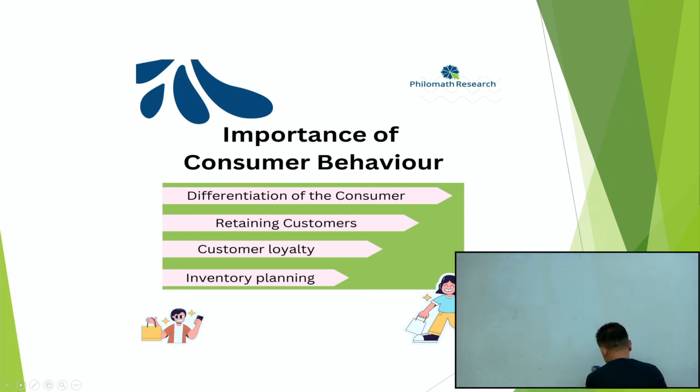Let me explain a little about inventory. Inventory is a very important key function of the business, especially relating producer and consumer. Inventory means I want to sell my product or services from my factory.